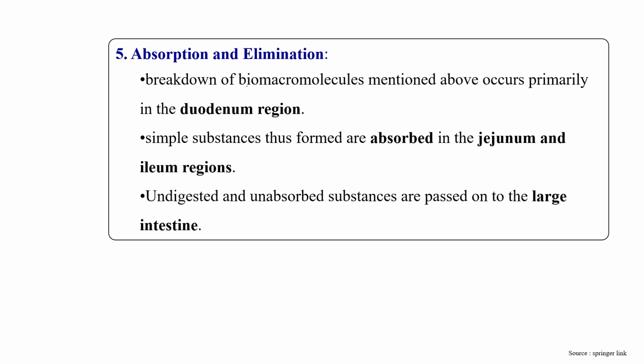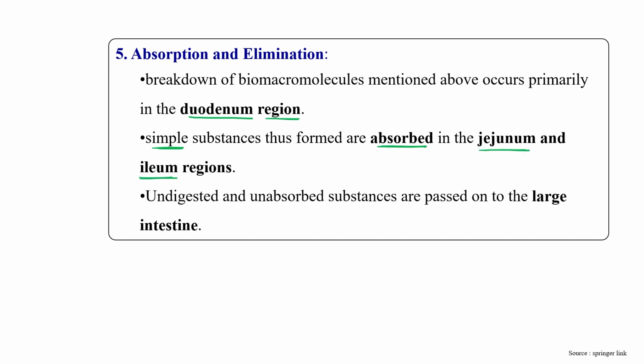So, breakdown of biomacromolecules, which was already mentioned in the last slide, occurs primarily in the duodenum region. The simple substances continuously convert because of the enzymatic activity of pancreatic juice and intestinal juice itself into the simplest form, which are absorbed in the jejunum and ileum regions.